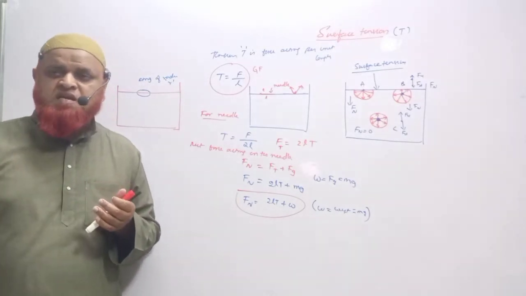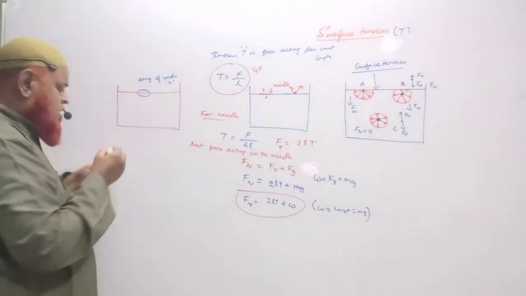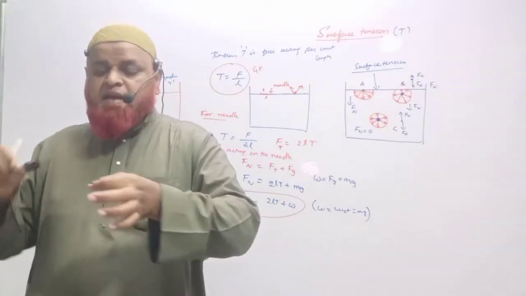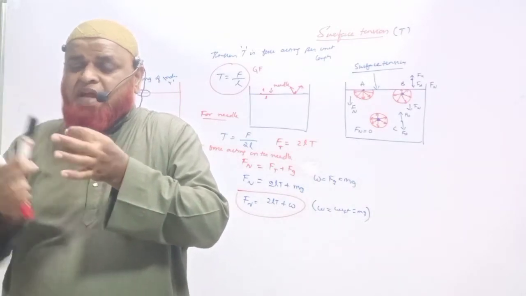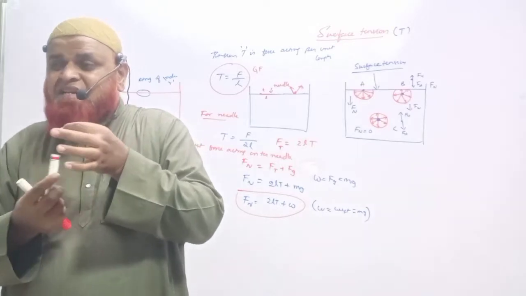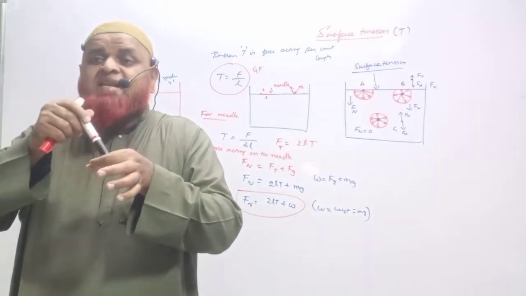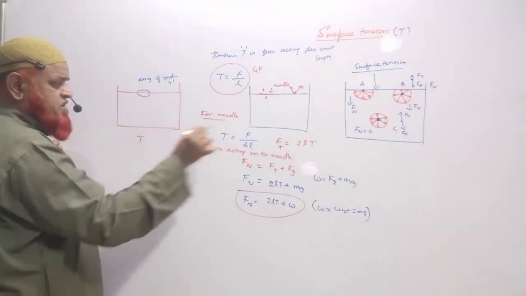You all know that if this is the ring here, the internal length is also immersed in the water, and the external length is also immersed in the water. So force is acting on the external circumference and also the internal circumference. Then what is the formula for tension?